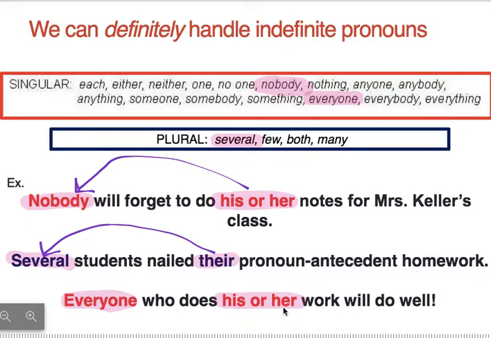His and her are both singular pronouns. And we don't know the gender of everyone, so we have to say his or her. Again, a common error would be everyone who does their work will do well, and that is incorrect. So these are all examples of a pronoun and an antecedent agreeing.